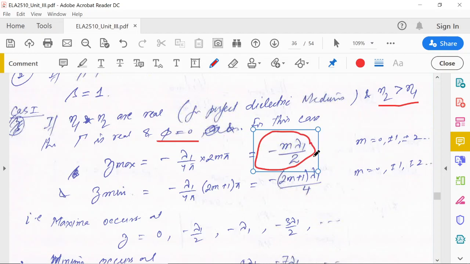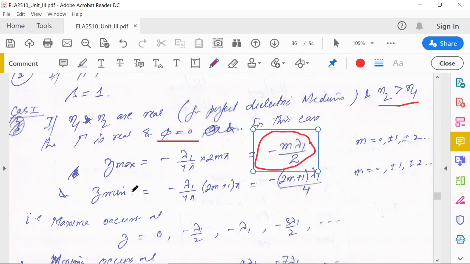What I told you earlier in the previous class is that Z maximum will occur at multiples of lambda by 2. It means for m equals 0 you will have the maxima, that is, the electric field will add there and the maximum value will be there. Then for m equals 1, minus lambda by 2, then minus lambda, then minus 3 lambda by 2, you will get the maximum.